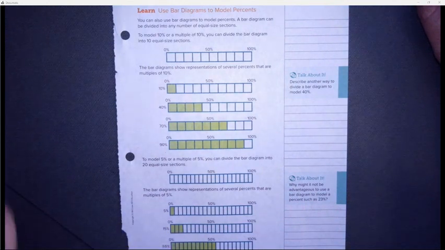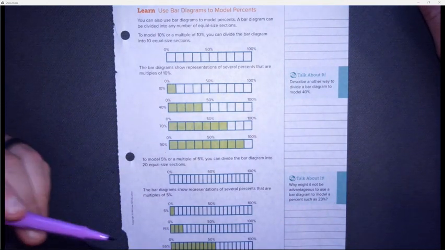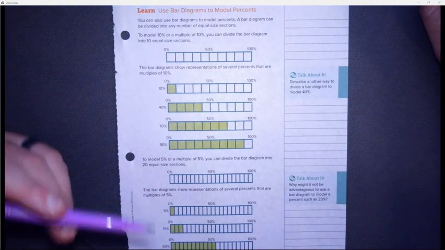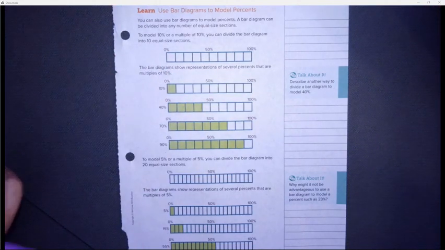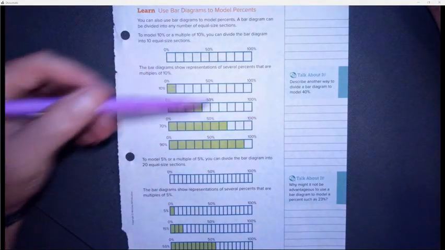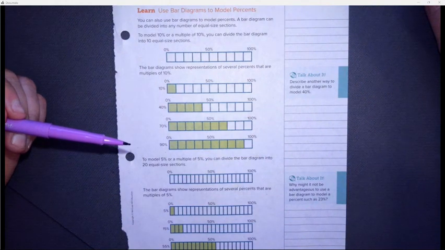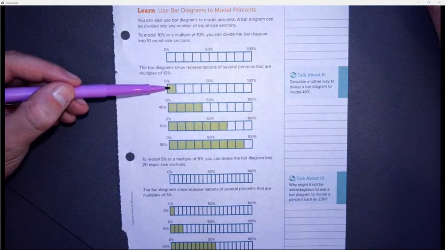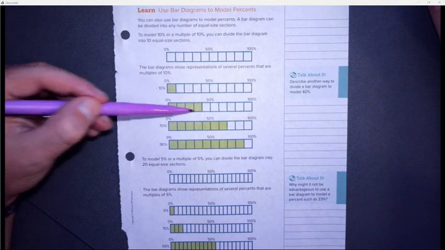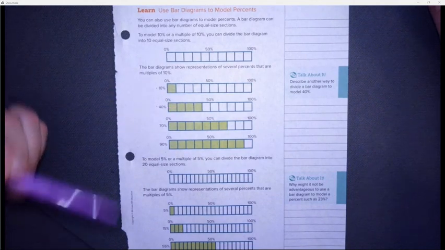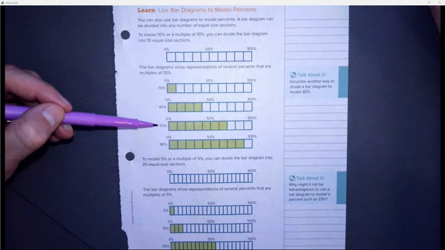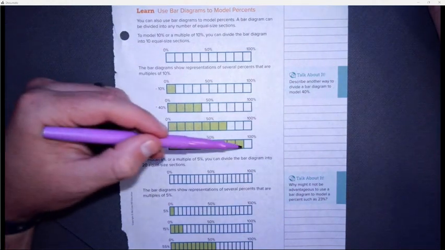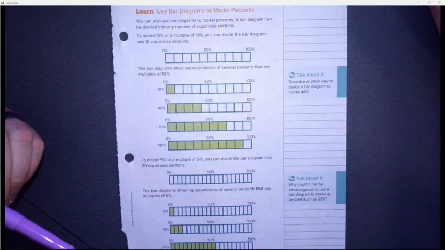If I want to represent a percent that is a multiple of 10, I know 100 divided by 10 is 10, so I can have 10 sections that represent 10% each. And if that's the case, one section would be 10%, 4 sections would give me 40%, 7 sections would be 70%, and 9 sections would be 90%.